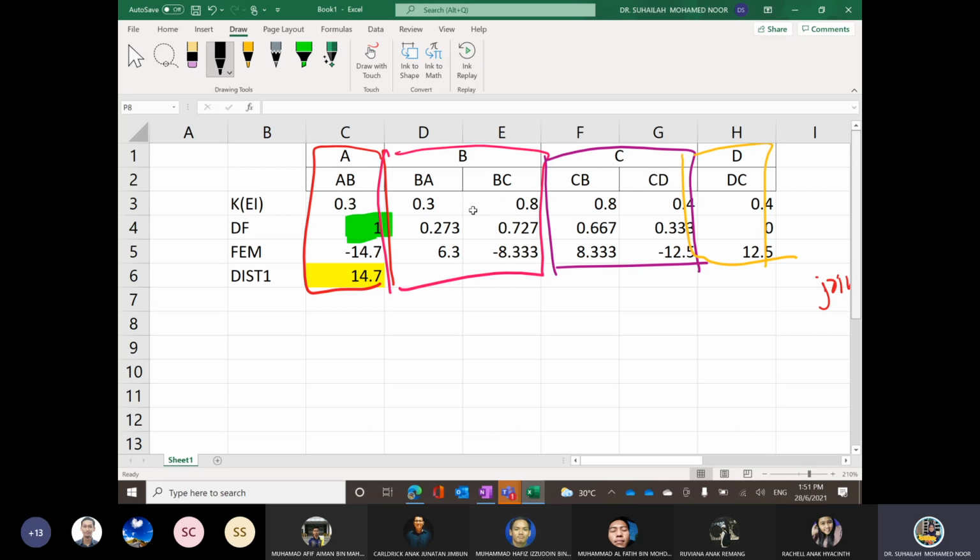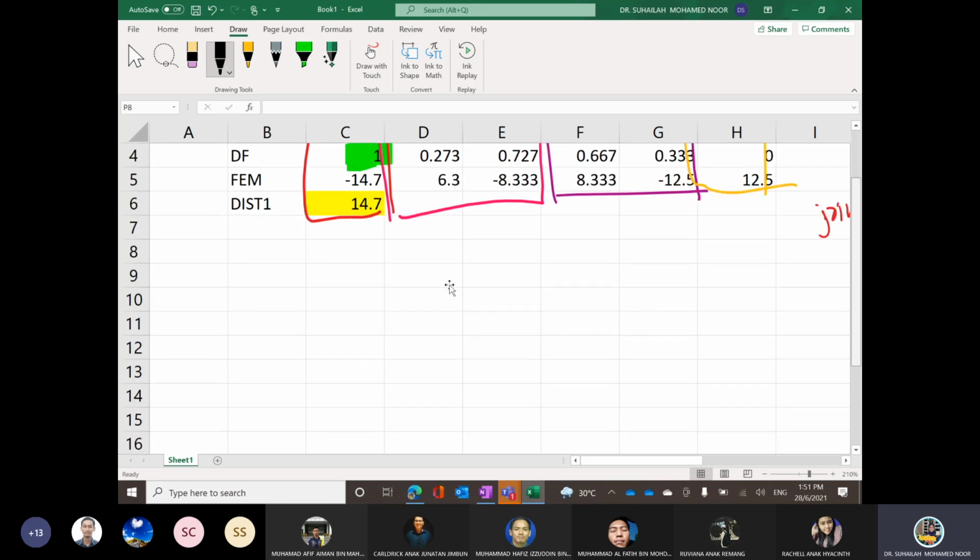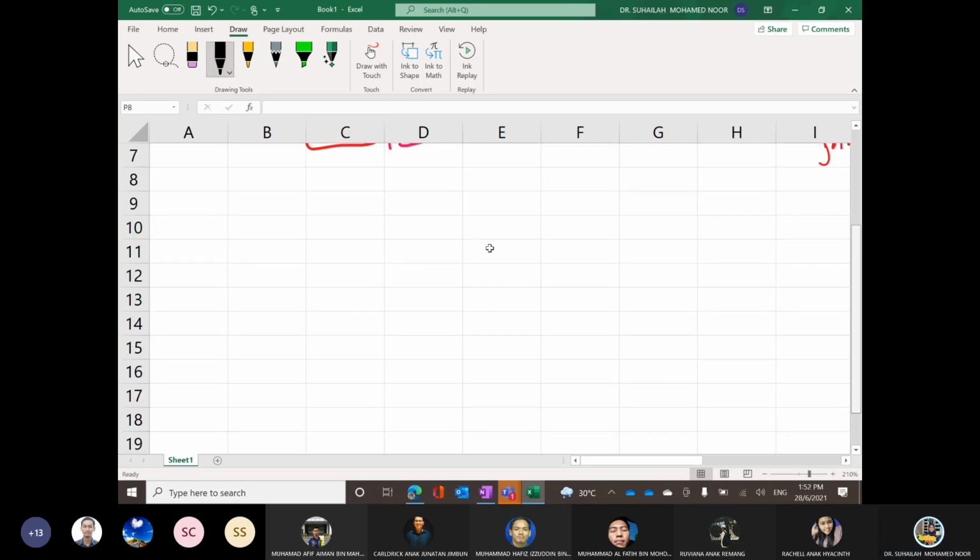Okay, now we will calculate the moment distribution number 1. The moment we want to distribute to BA and BC. So the fixed end moment for B, you must understand this. BA and BC, we have like this. This is joint B. Here is BC, another one is AB.